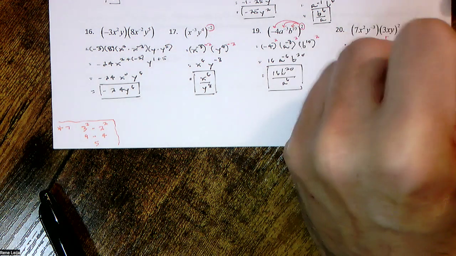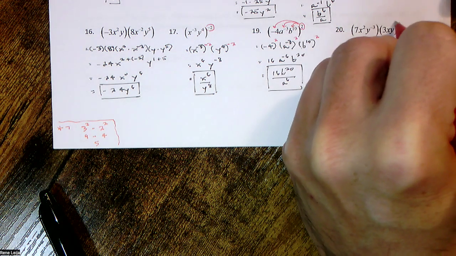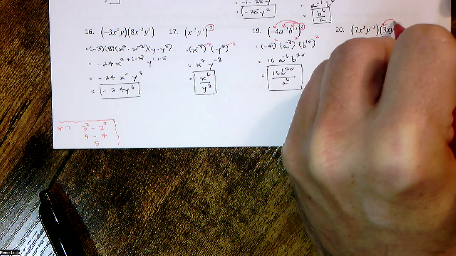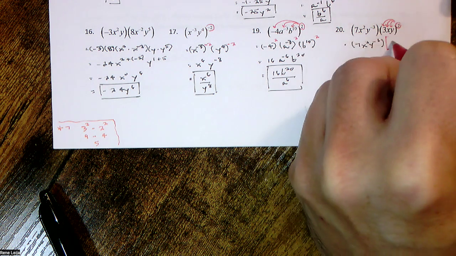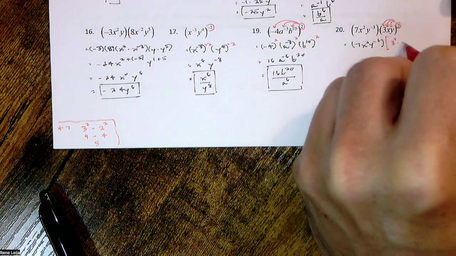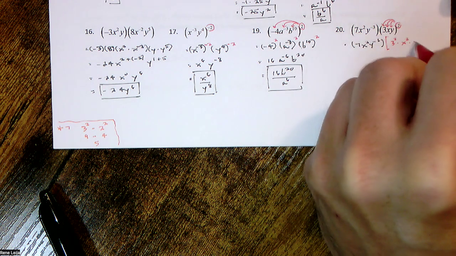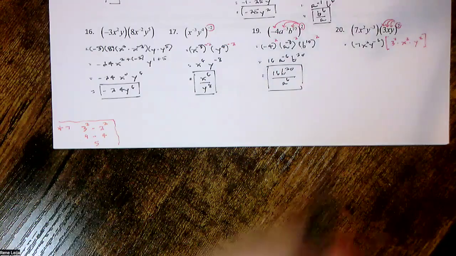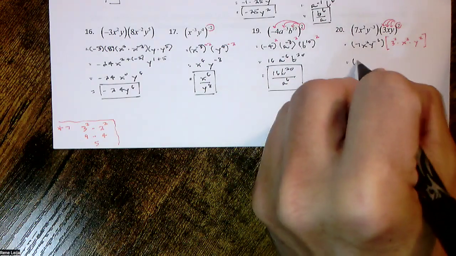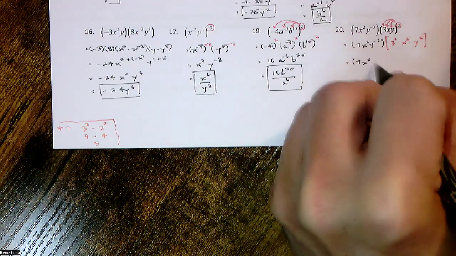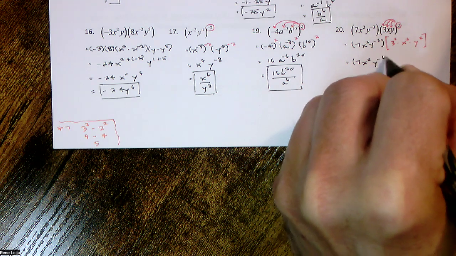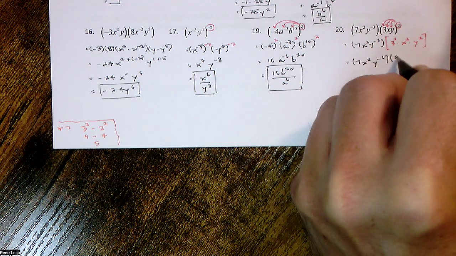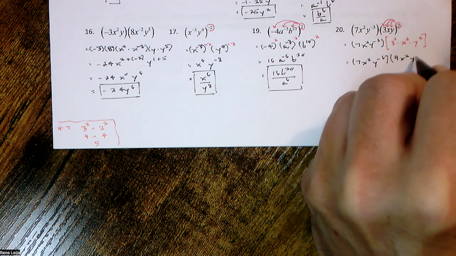So remember, this outside exponent gets attached to everything inside, the 3, the x, and the y. So we're going to have 3 squared times x squared times y squared. So let's clean this up. So 7x squared y to the minus 6. This is going to give us 9x squared y squared.